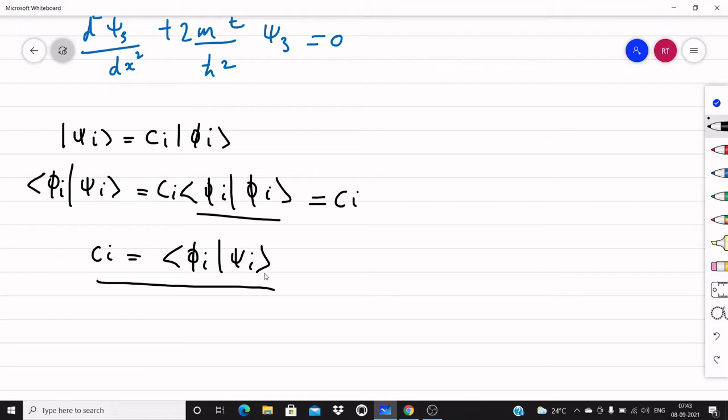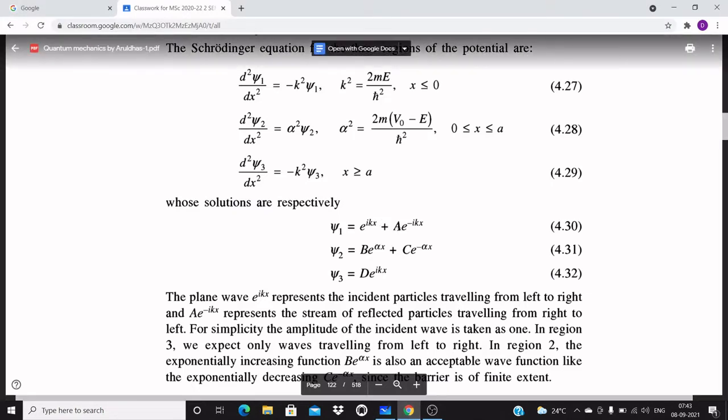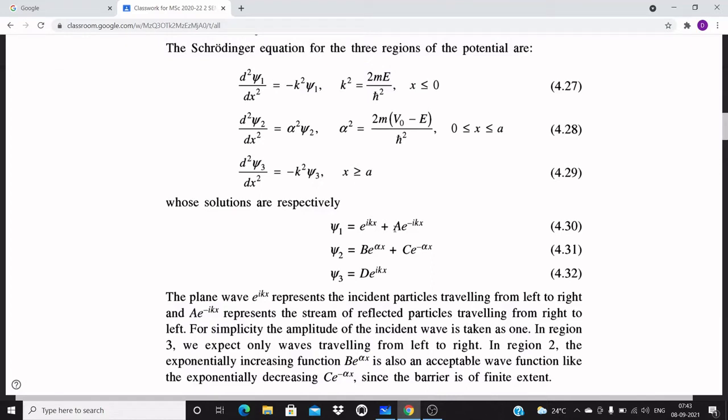So similarly, the coefficient in our equation plays the role of the probability amplitudes. So the mod square of the coefficient will give the actual probability. So mod A square gives the reflection coefficient here, and mod D square gives the transmission coefficient. Okay. So let us evaluate the coefficients.